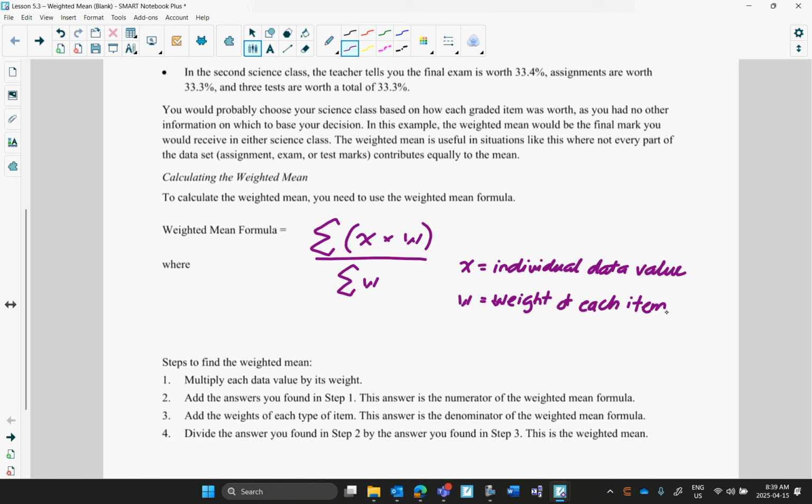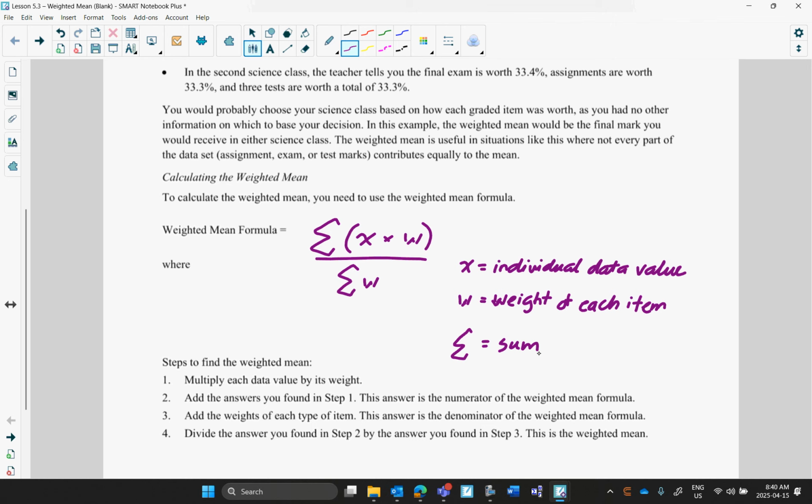So what I mean by that is when we did the pre-calc example, there were two categories, your tests and your final exam. And this fancy symbol, it's a Greek symbol for finding the sum.